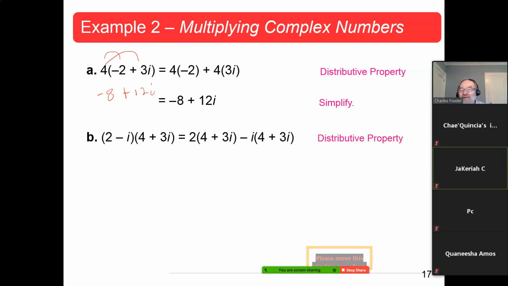Okay, here's another one. Now this one is, I think, much easier to do by FOIL. FOIL here. Now, I say FOIL, we're going to change the order a little bit. This is plus 8. Got it? Go straight to the last. Okay? Do the last part. We're not going to spell FOIL right anymore. This is minus i times 3i.